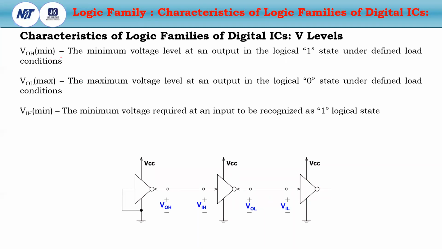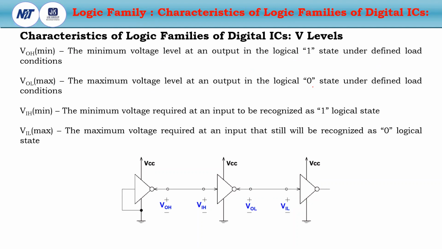So VOH is the minimum voltage level at an output in the logical 1 state under the defined load conditions. VOL is the maximum voltage level at an output in the logical 0 state under the defined load conditions.